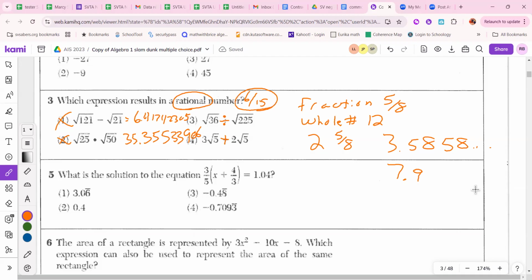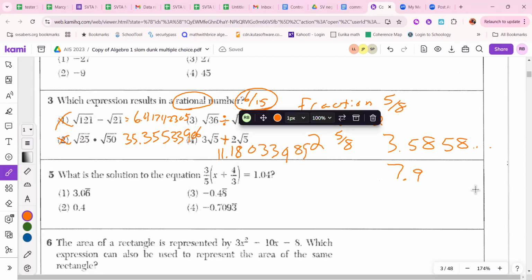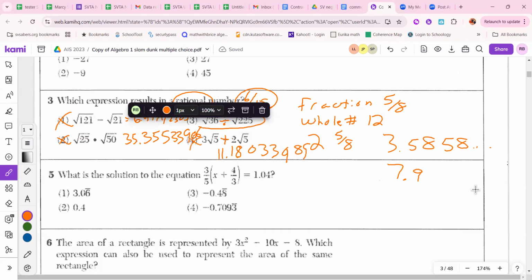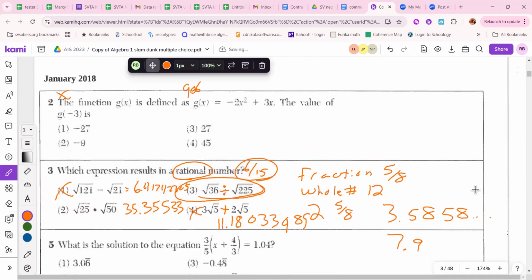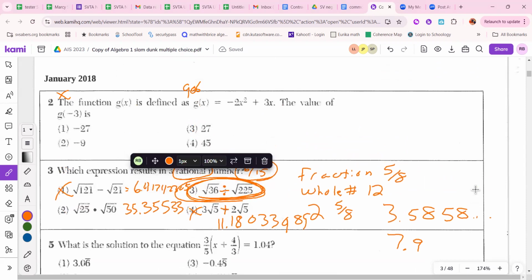I typed in the last one wrong, 11.18033989. Doesn't stop, doesn't repeat. The only one that either stops or repeats is answer number 3.